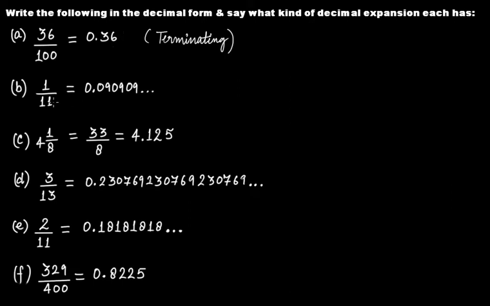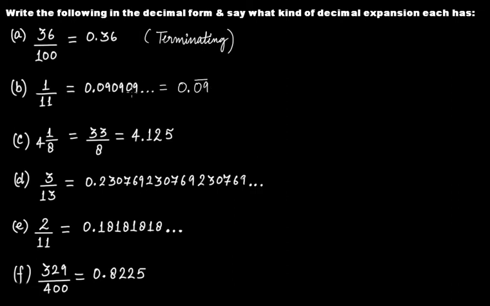Like in this case, this is 1 by 11, that is equal to 0.090909, right? So this can be written as 0.09 with a bar over the 09. It tells that 09 is repeating itself.